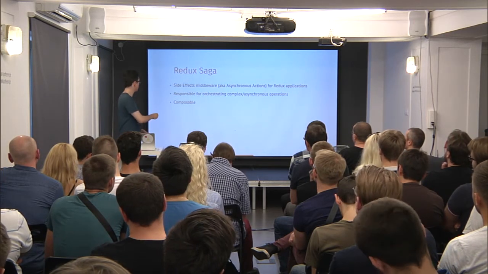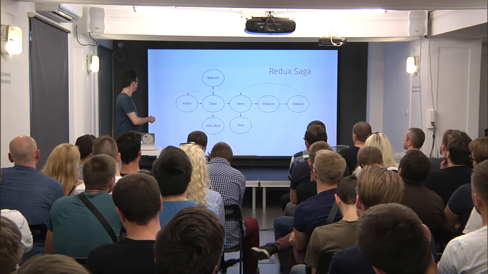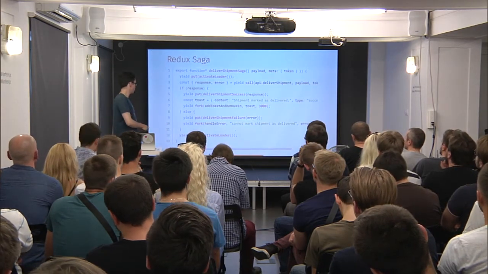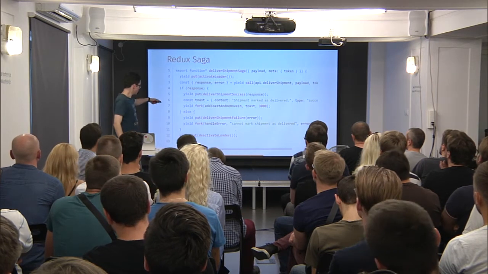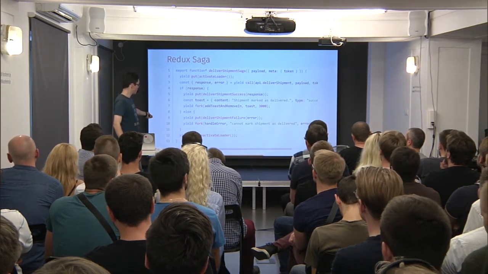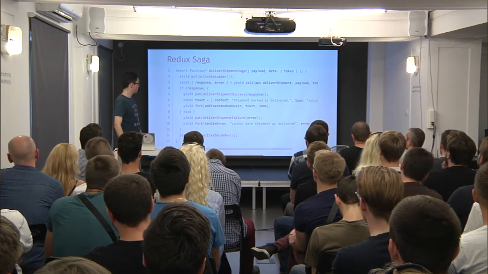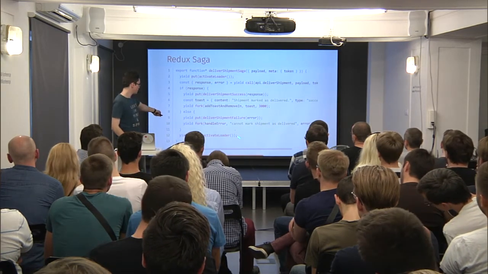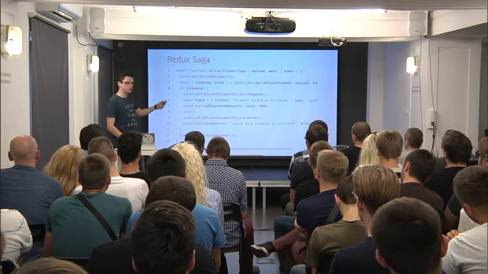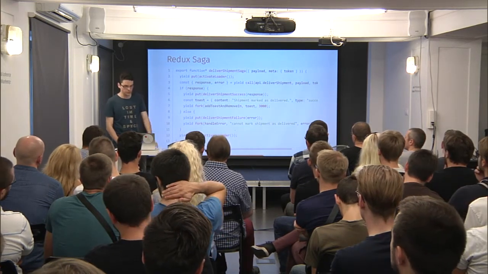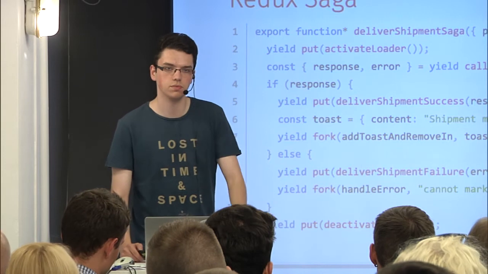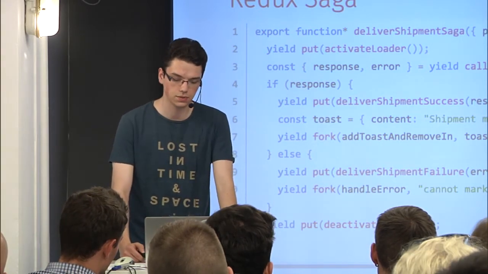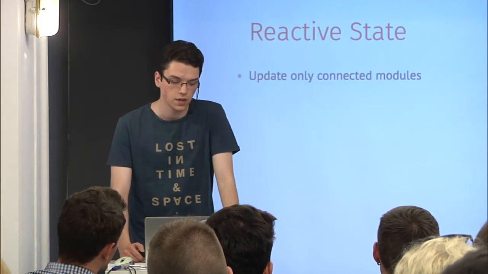And this one is not blocking. In case of an error, I'm showing you that it failed, and I'm deactivating the loader. The flow is really simple, and the testing is simple, but I promised not to talk a lot about tests, so I will skip that, but it's simple.